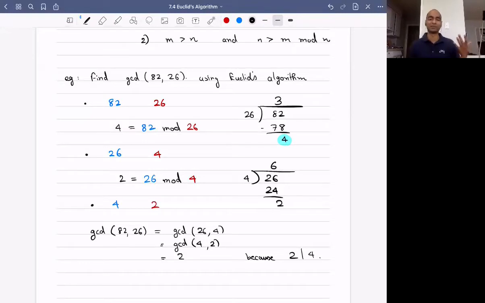So I found the GCD of 82 and 26 to be equal to 2 without having to factorize either 82 or 26. So that's how you use Euclid's algorithm. You successively find the remainders, and then you keep throwing out the larger number. And these numbers get small really, really fast. That's the amazing thing about Euclid's algorithm. You can do a runtime analysis and show that this is very, very fast.